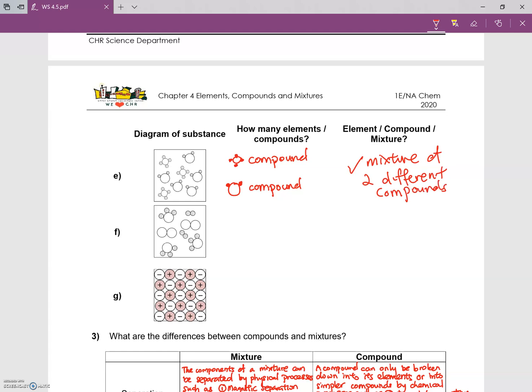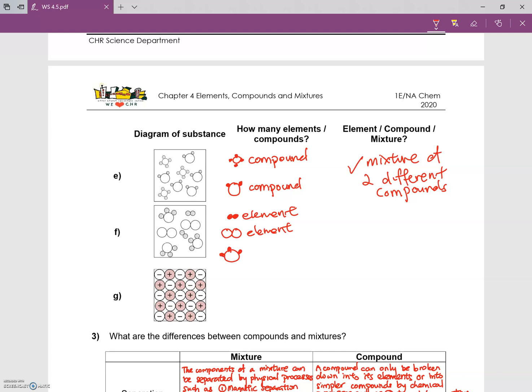Now let's look at this one over here. What I see is three different patterns. First one, two small shaded circles. Both are the same thing, so this is an element. Next one, we see two white circles combined together. The two white circles are the same thing, so this is an element. The next one is one white circle combined with three smaller black circles.